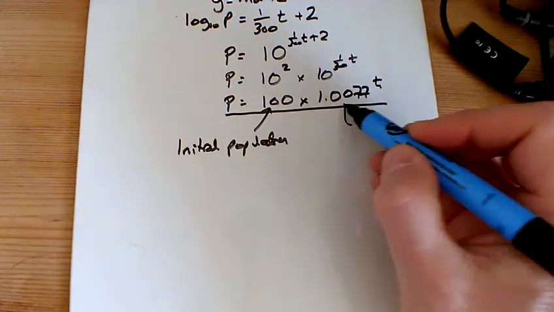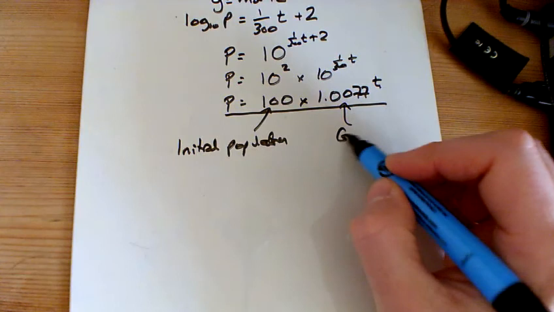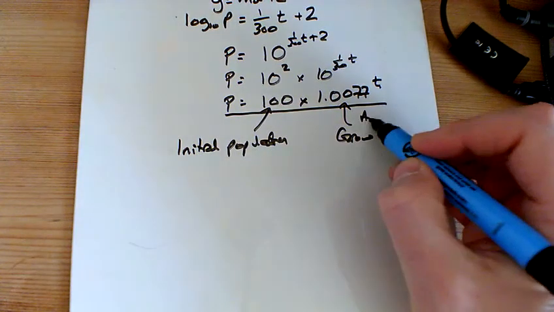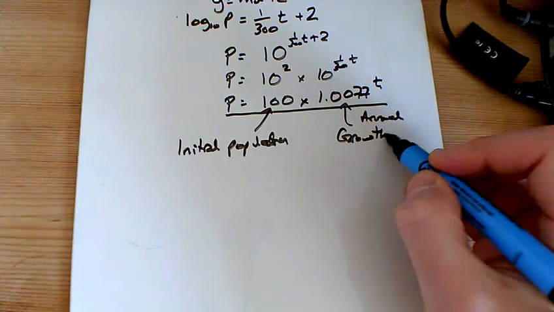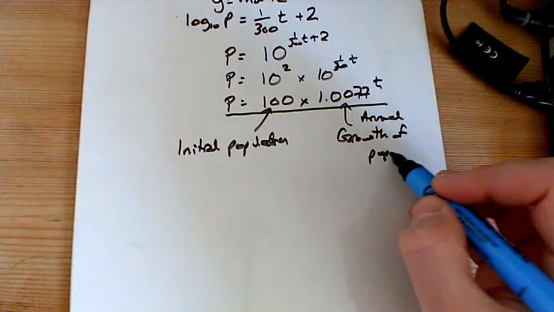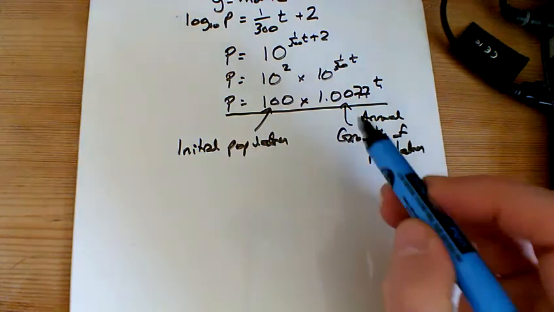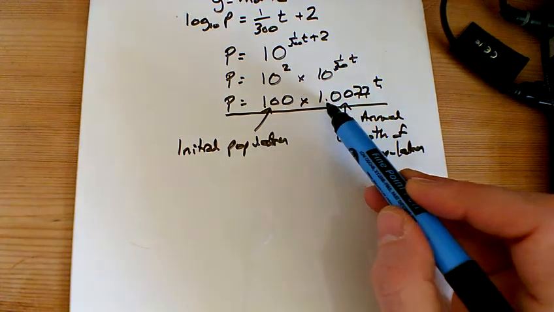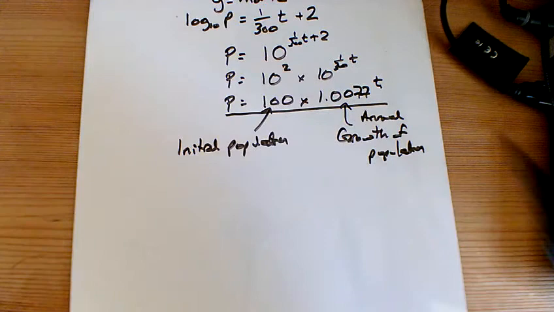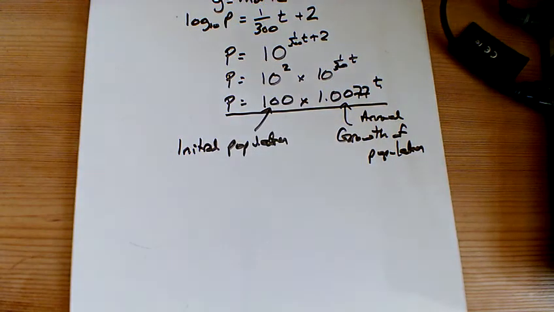And this one here, it's the growth rate. It's the annual growth of the population. You could go further and even say that this is not even 1%, is it? It's 0.7% per year growth, or about 1% each year.